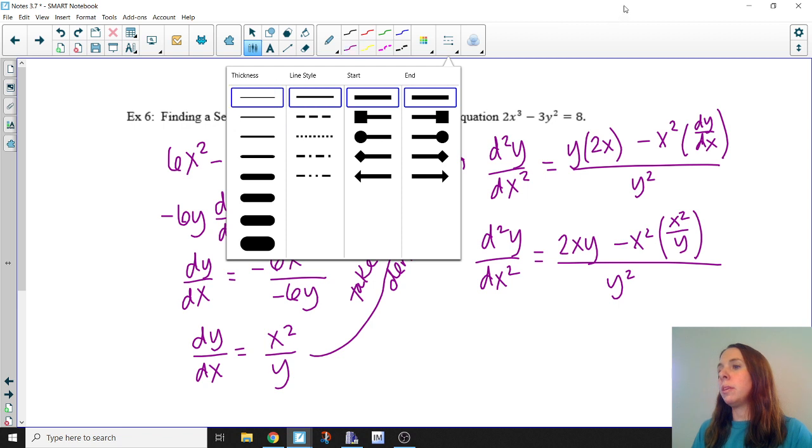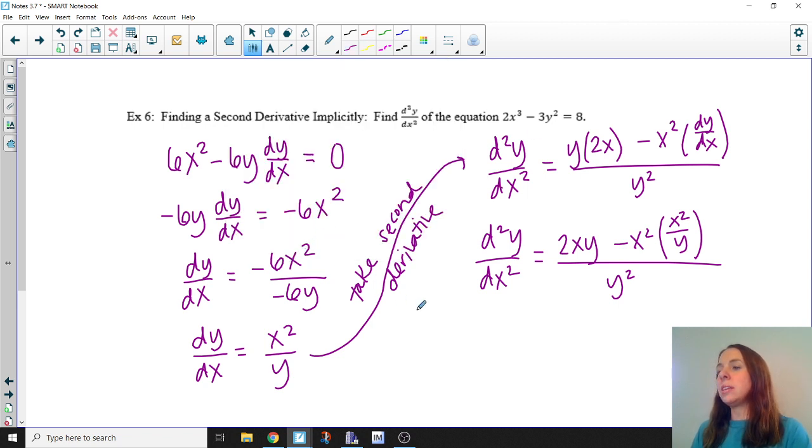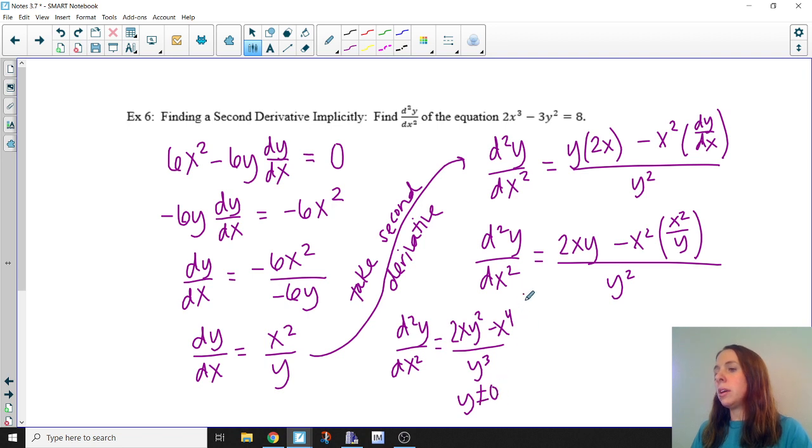This is fine as an answer, or when you do simplify, you should be able to get 2xy squared minus x to the fourth over y cubed. And it would be good to note that y cannot equal 0.